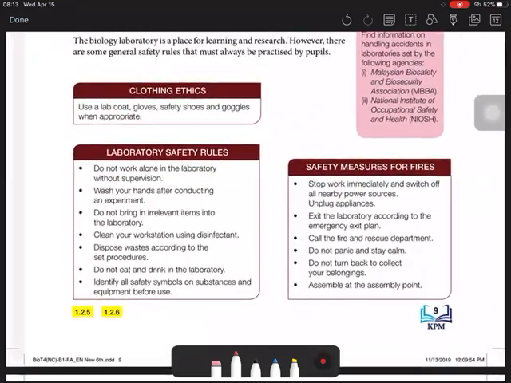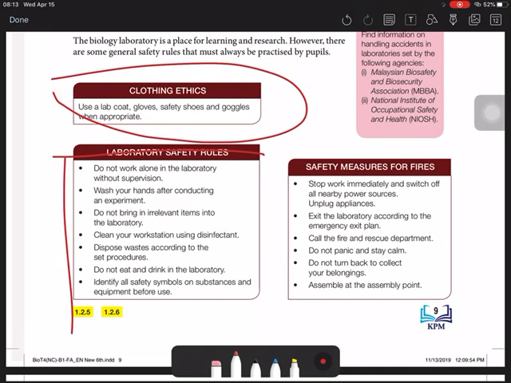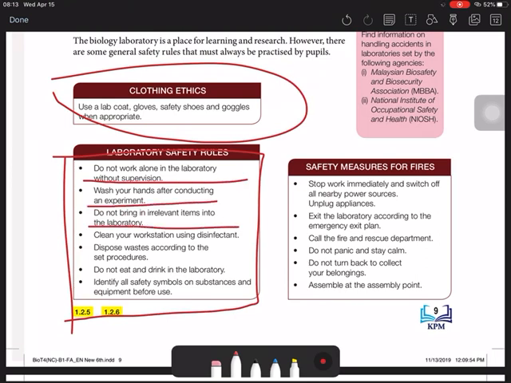Clothing ethics, and so on. Laboratory safety rules, I think this is fairly straightforward. I won't require you to do all of these things because we don't usually do them, but please do not drink and eat in the laboratory.